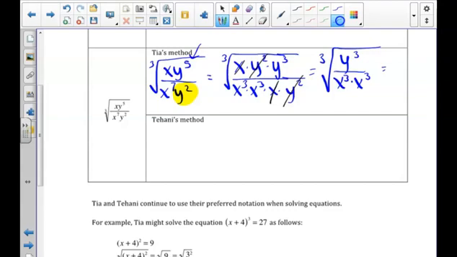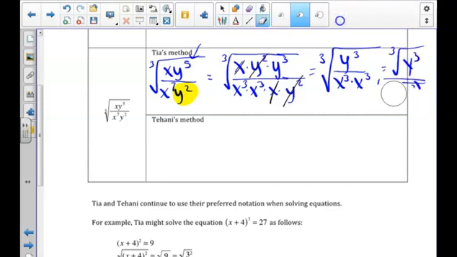Okay, now if we are to rewrite this, I'm going to write the cube root of y cubed in the numerator, and that will be divided by the cube root of x cubed times the cube root of x cubed.